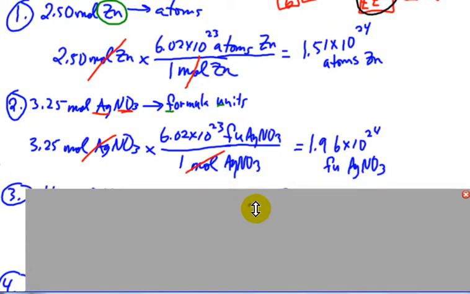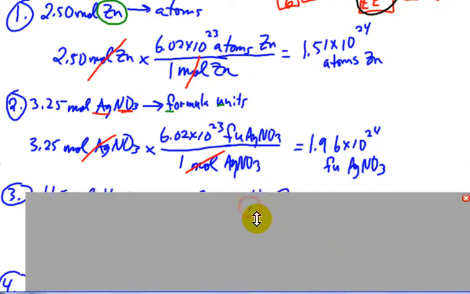So we have 3.25 moles multiplied by formula units over moles. Moles cancels. My unit that I have left over will be this. So using that, 3 sig figs, 1.96 times 10 to the 24 formula units of silver nitrate. So I just use an F and a U for formula units there, and you can get away with that too. And I won't even get mad.